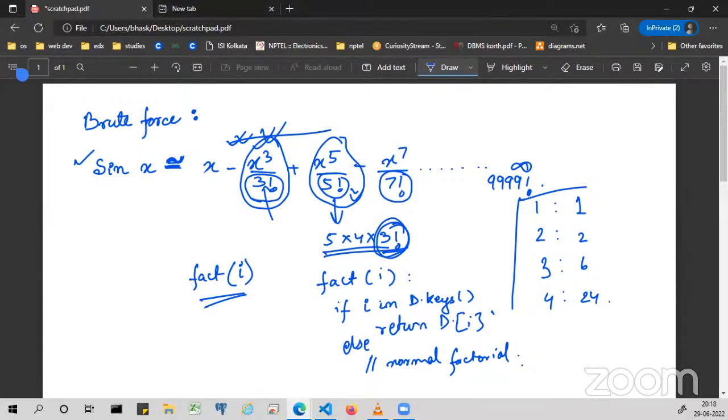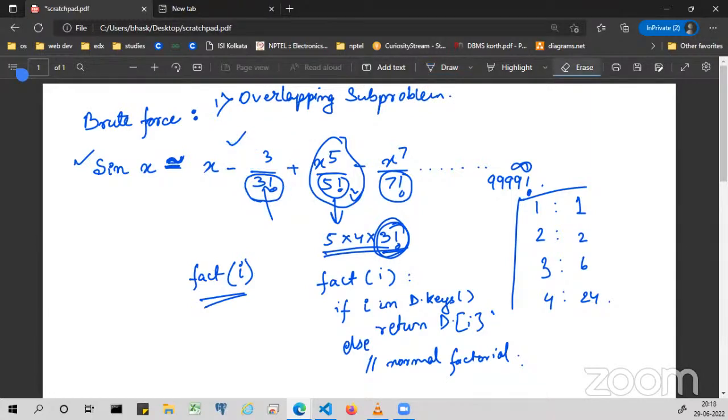So the first observation is if I have overlapping sub-problems. I took this factorial example to discuss this in simple terms.